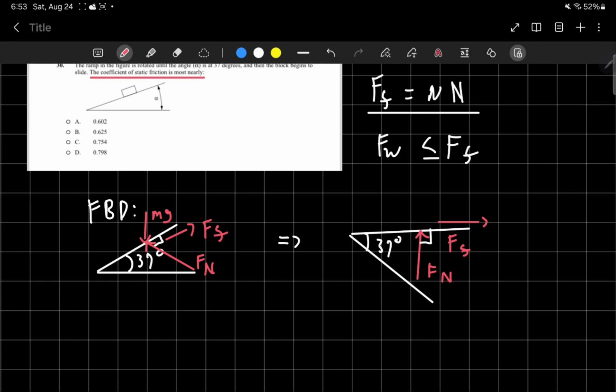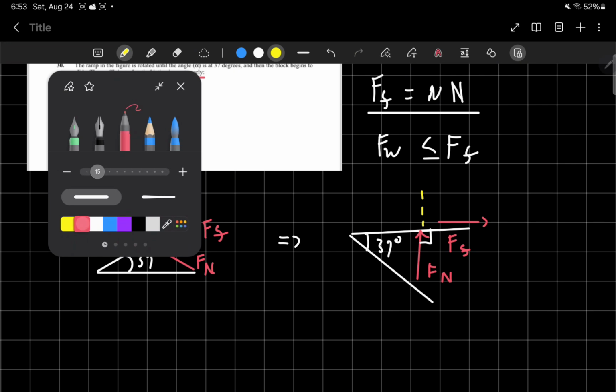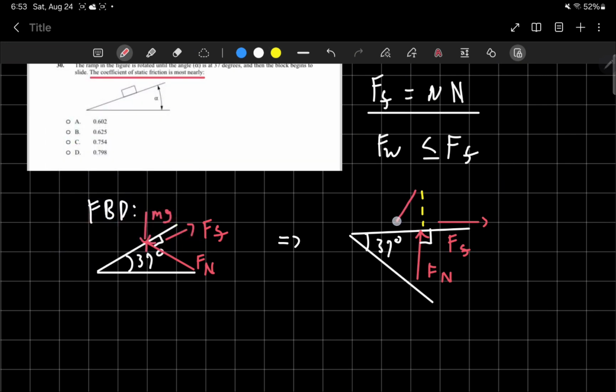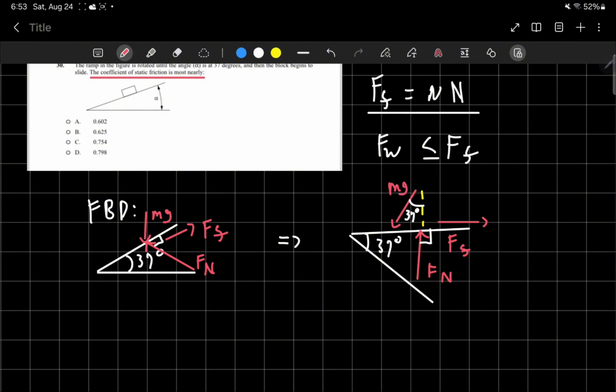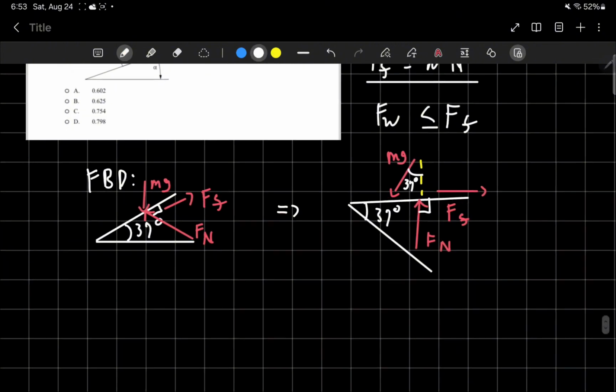And now we are missing one force, and that's the weight. So what will the weight look like? Well, if you think about it, you're basically just rotating this whole free body diagram 37 degrees this way. And now we only have one force that has an angle. That's our weight. And I believe that makes the problem a lot easier.